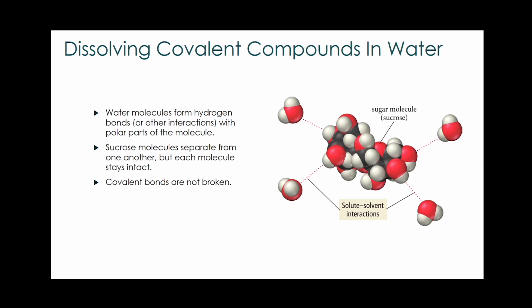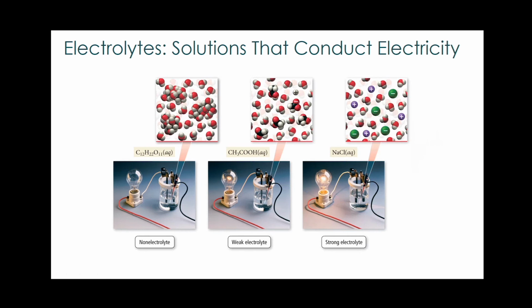They just get separated from other molecules. The actual chemical bonds don't get broken. So when I dissolve sugar in water, I still actually have sugar molecules. I don't have carbon, hydrogen, and oxygen atoms in water, all right? So the sugar molecule gets surrounded by water, but the atoms actually stay connected to each other. So there's a big difference.